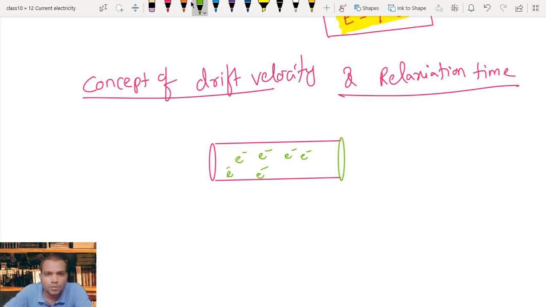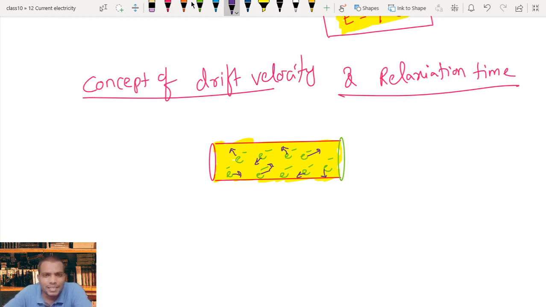Because of thermal motion, since this conductor is at room temperature, these electrons move randomly, each with its own direction, and that motion is due to the temperature. This electron will go in this direction, this one in that, in any random direction. These electrons move as they wish.